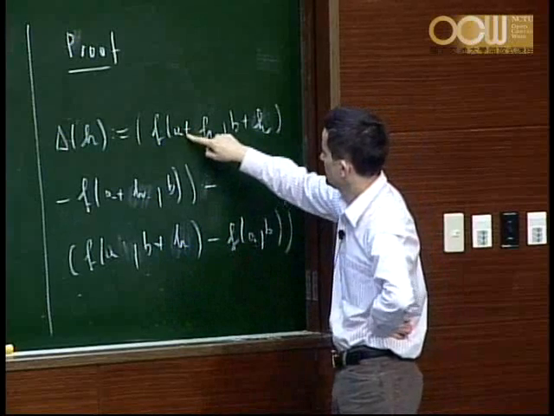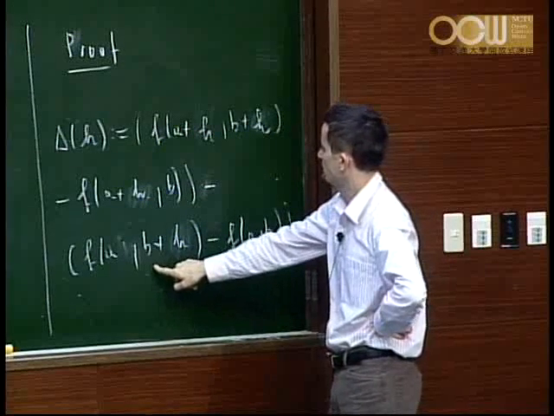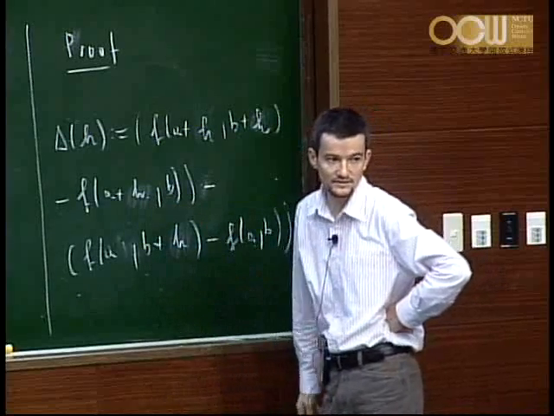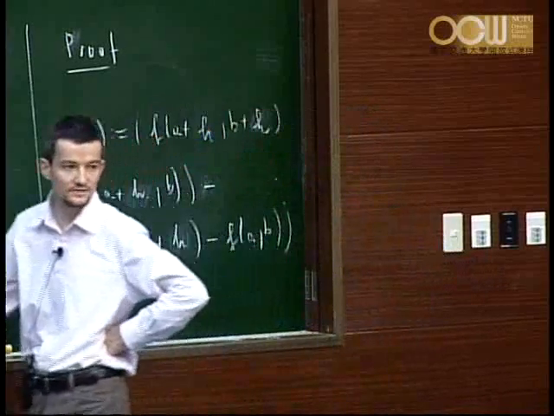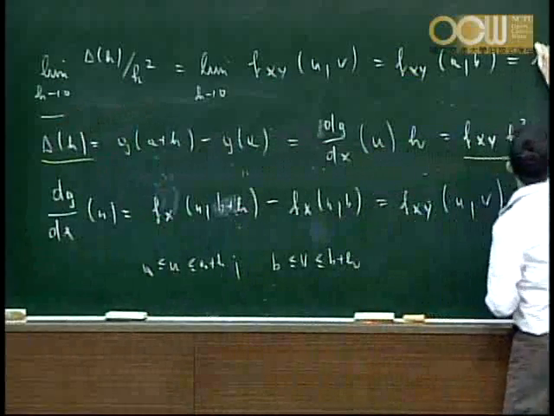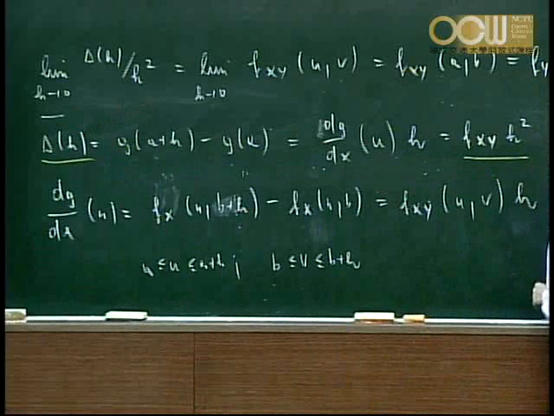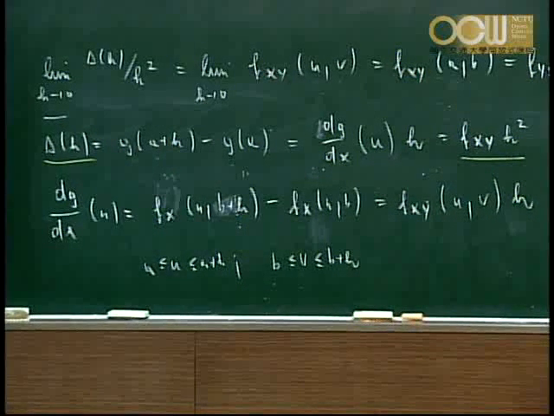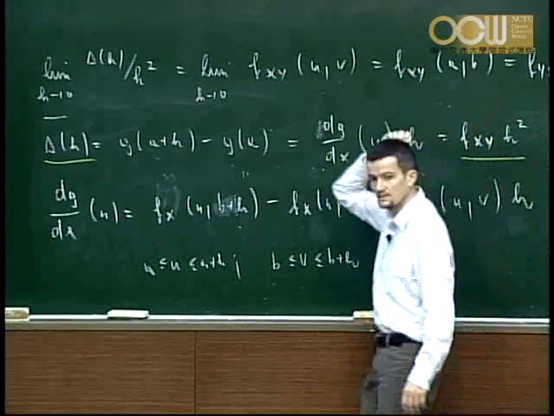So we write this here minus this one plus this here minus this one, and then do the same, but the other way around. Then we get the same expression. We get the same limit, but the only thing which is different is here, because we do it in this direction, we get this one. And the limit, if the limit exists, is unique. So those two must be the same.